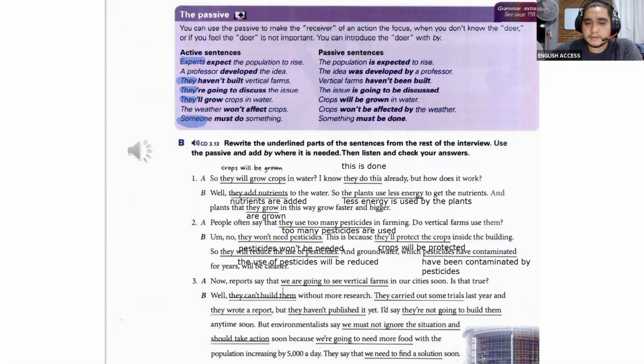We are going to see vertical farms in our cities soon. Yes, vertical farms are going to be seen in our cities soon. Is that true?